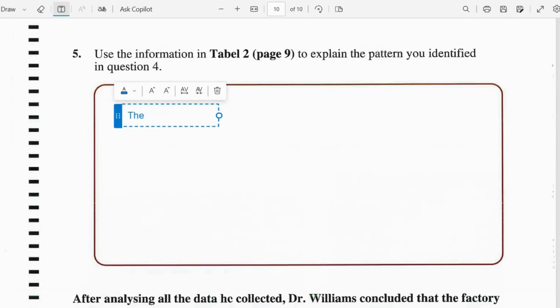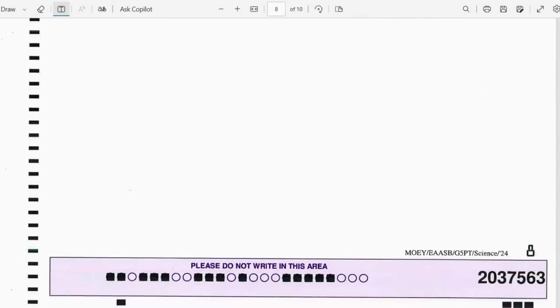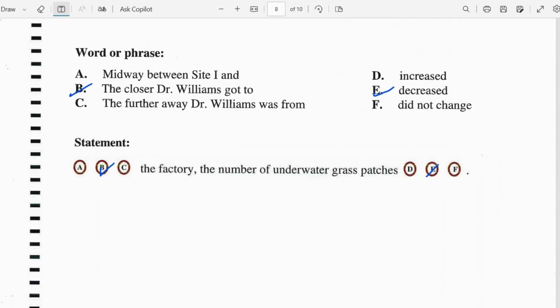In underwater grass decreased as, let's just refer back, keep referring back to your questions.